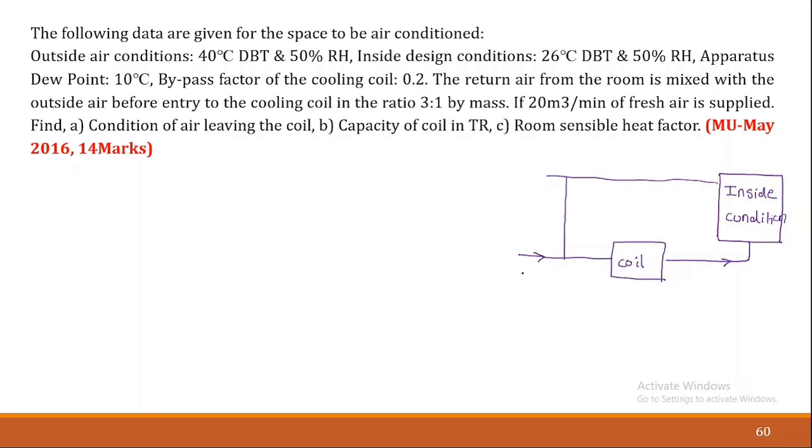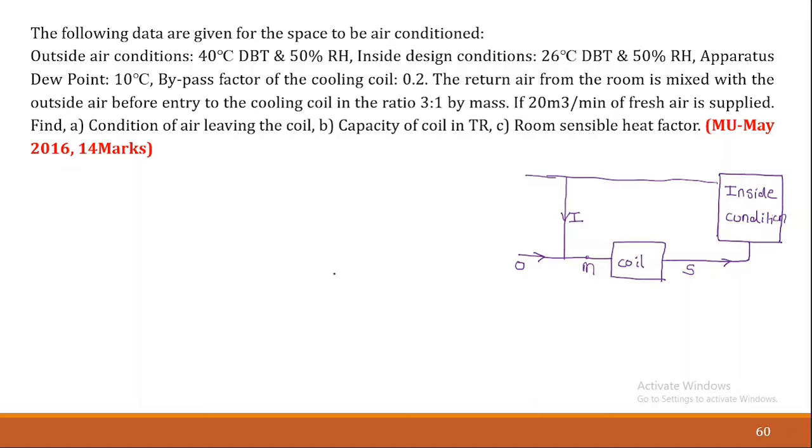So fresh air, we can write that for that fresh air as O, and return air, the return air is having inside design condition, so that is indicated by I. Okay, so both two airs are mixing together, so mixture point is indicated by M point. Okay, which pass on this coil. After the coil, whatever the air condition is, that is nothing but supply condition, so we denote it by supply condition S. Okay, which is responsible for absorbing heat inside the room. Okay, so this is what actually the situation is.